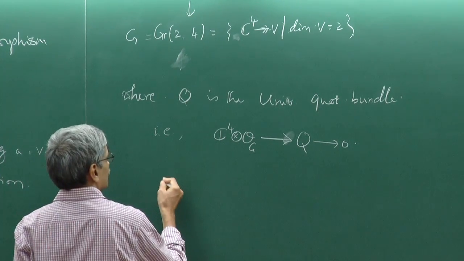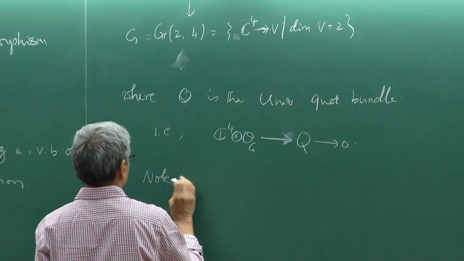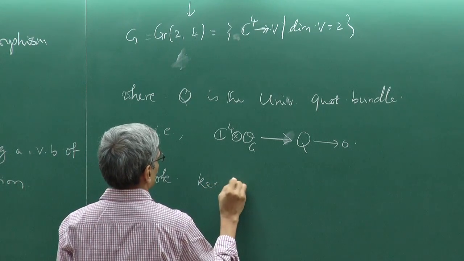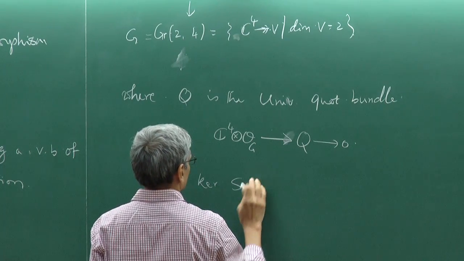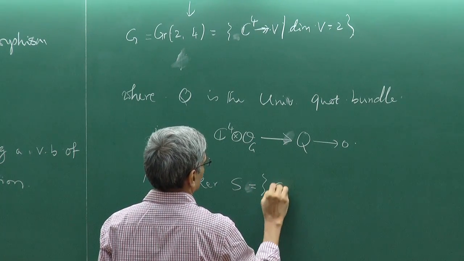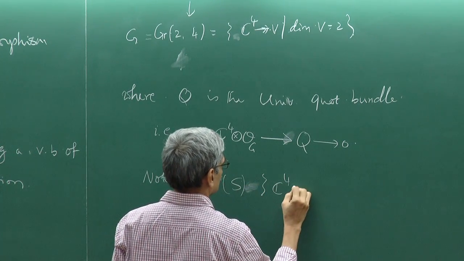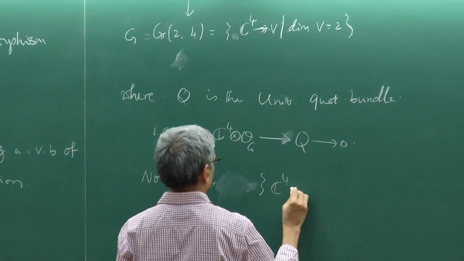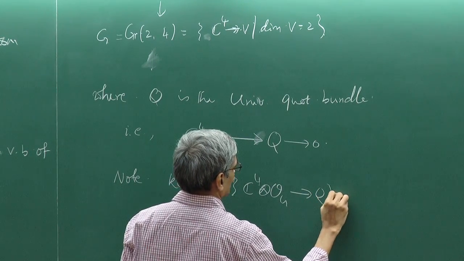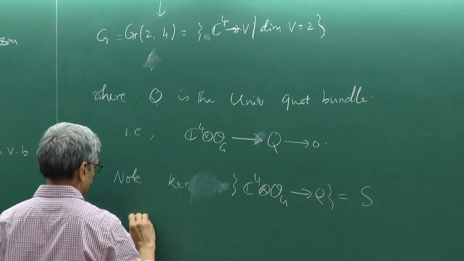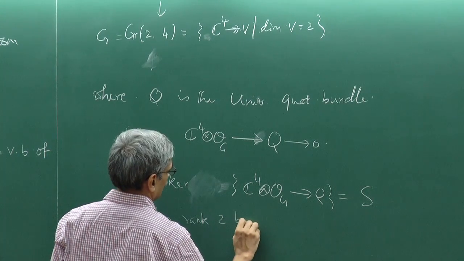Note that the kernel of the map C4 tensor O_G to Q, which I denote by S, is also a rank 2 bundle.